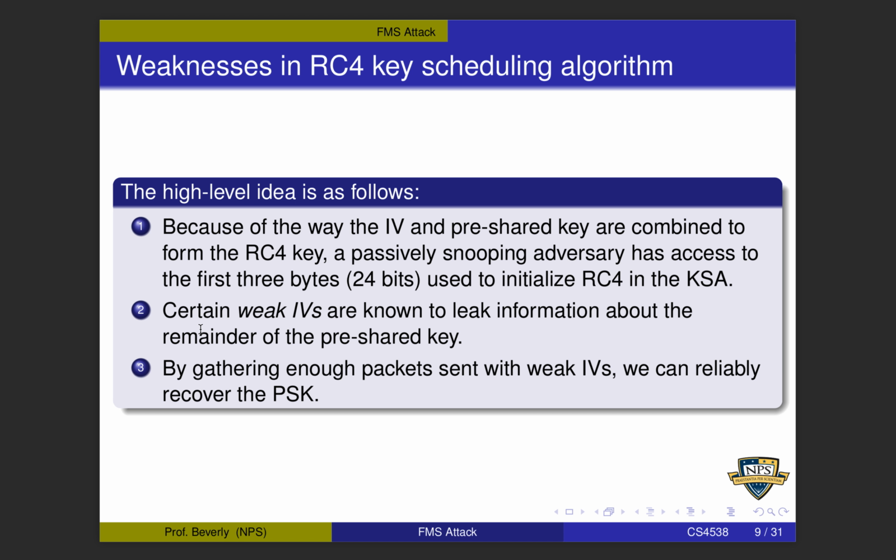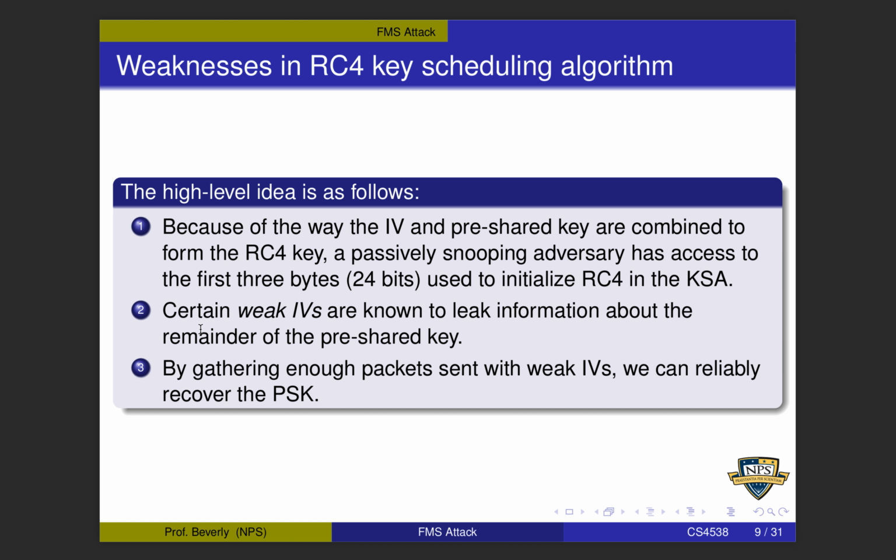The high-level idea is really just 3 points. Number 1, because of the way the IV and the pre-shared key are combined, remember we concatenate the two, a passive snooping adversary has access to the first 3 bytes used to initialize RC4 in its key scheduling algorithm.